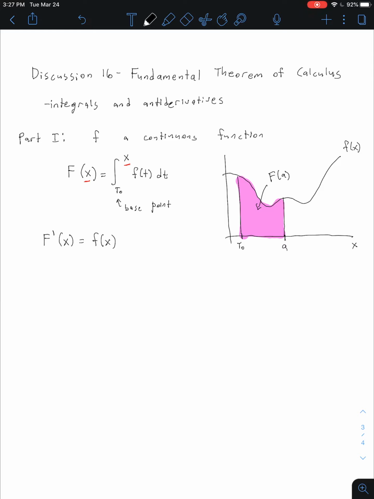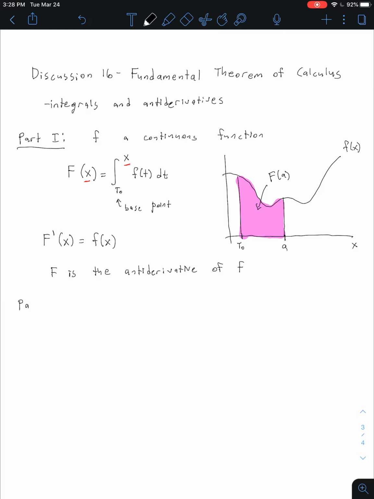This means that uppercase F is the antiderivative of lowercase f. So there's our connection right there. The way that we solve these integrals is we use the antiderivative, and that is going to be made even more clear by part 2 of the theorem.